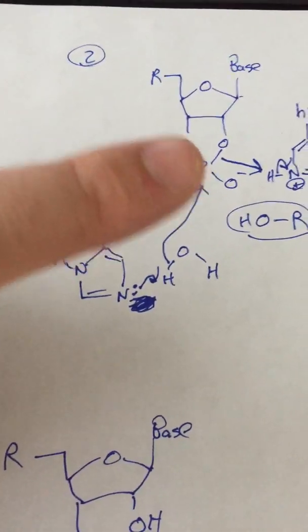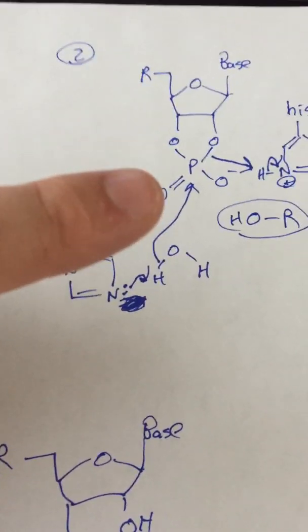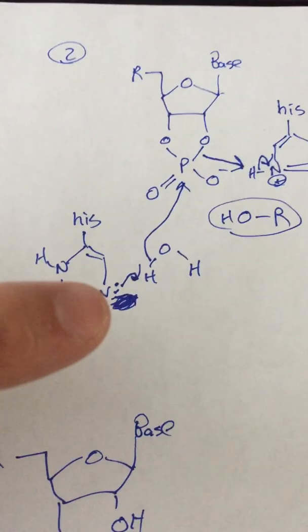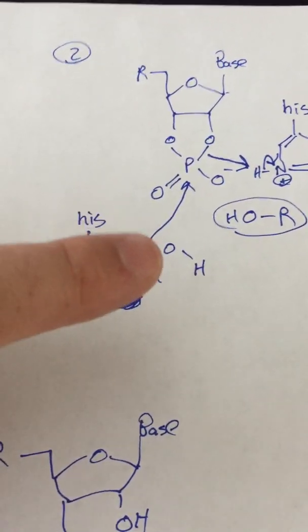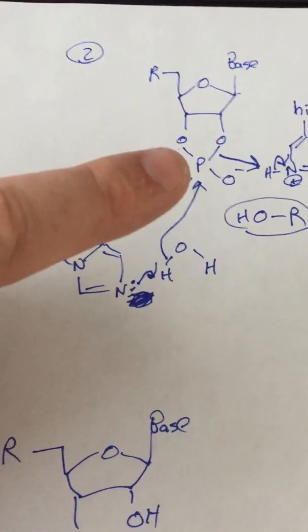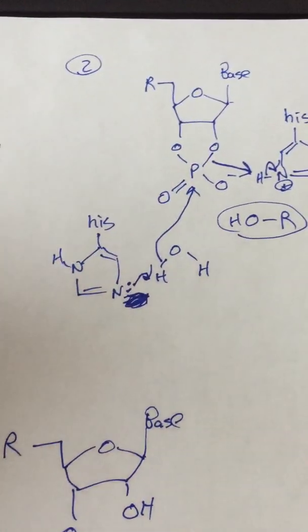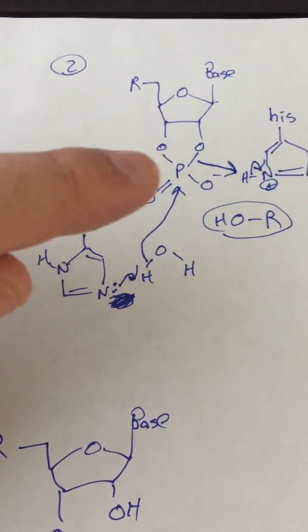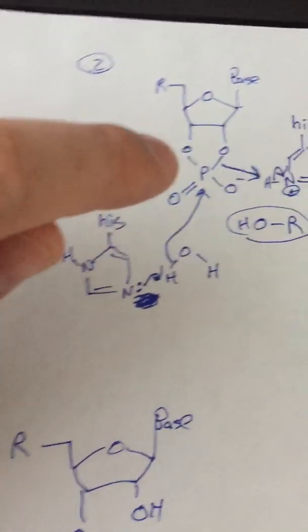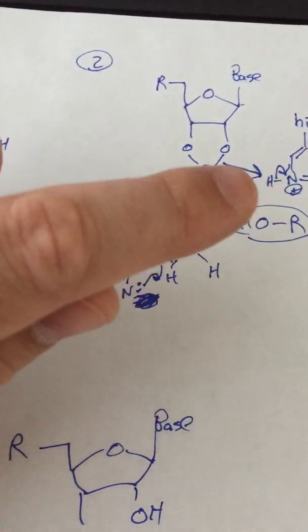Well, the way we can cleave a cyclic phosphate like this is by using water. So the lone pair on the nitrogen is going to deprotonate water, making it a better nucleophile. That will attack the phosphorus. And just like our last case, when we do these nucleophilic substitutions on phosphates, we're going to attack, and our leaving group is going to leave all in one step.